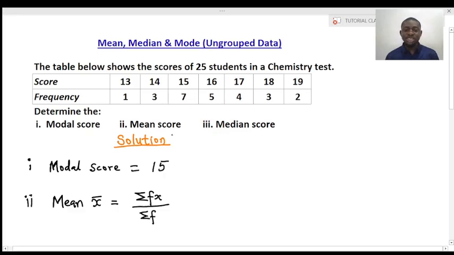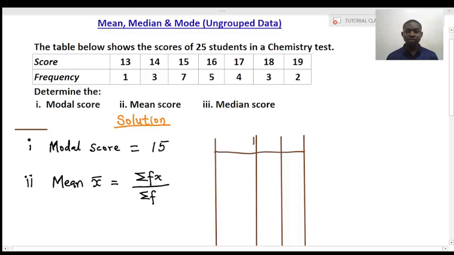To make this interesting, we may need to prepare a comprehensive frequency distribution table to solve this problem.